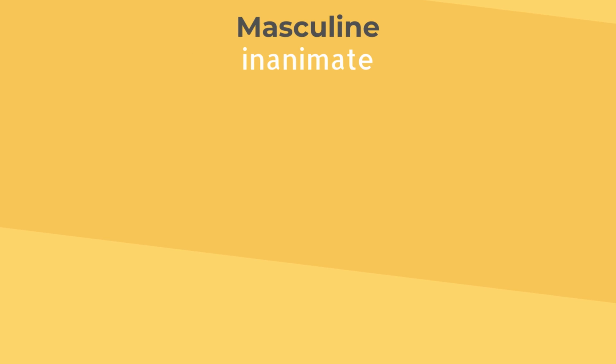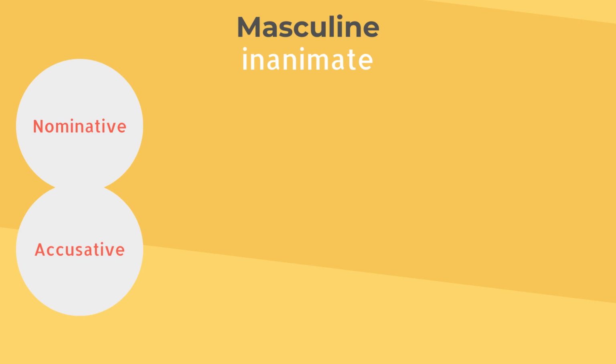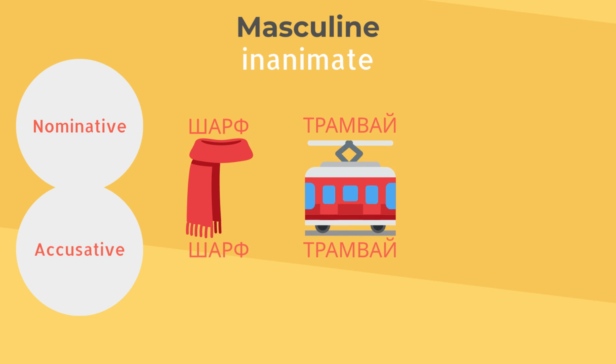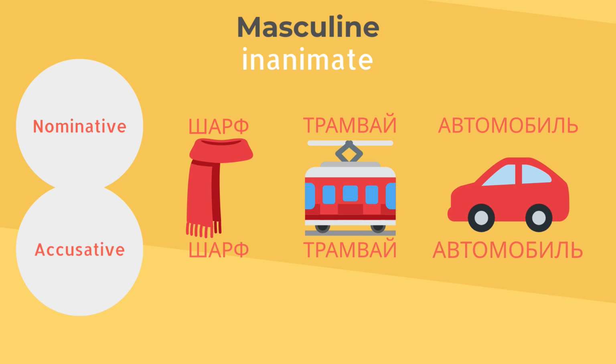They have the same forms for the nominative and for the accusative. Шарф, шарф. Трамвай, трамвай. Автомобиль, автомобиль.